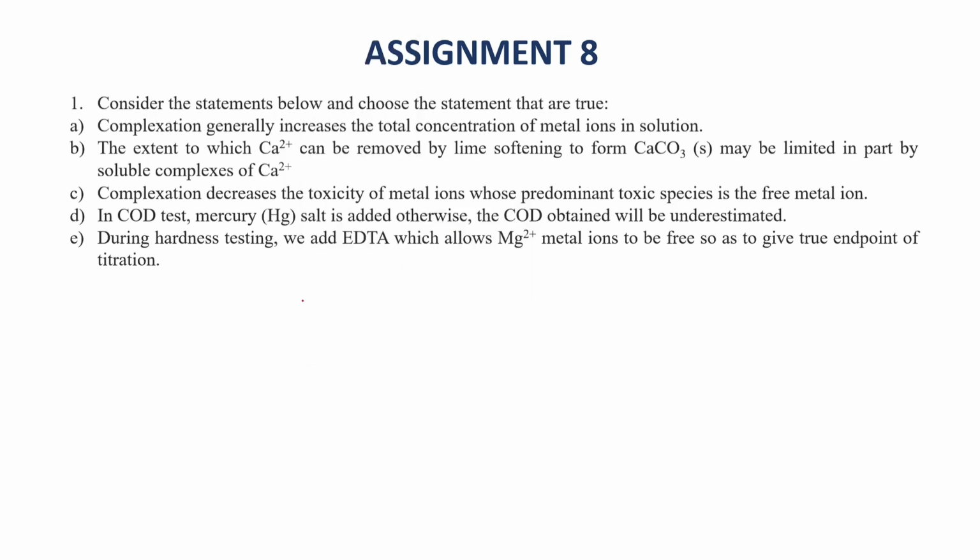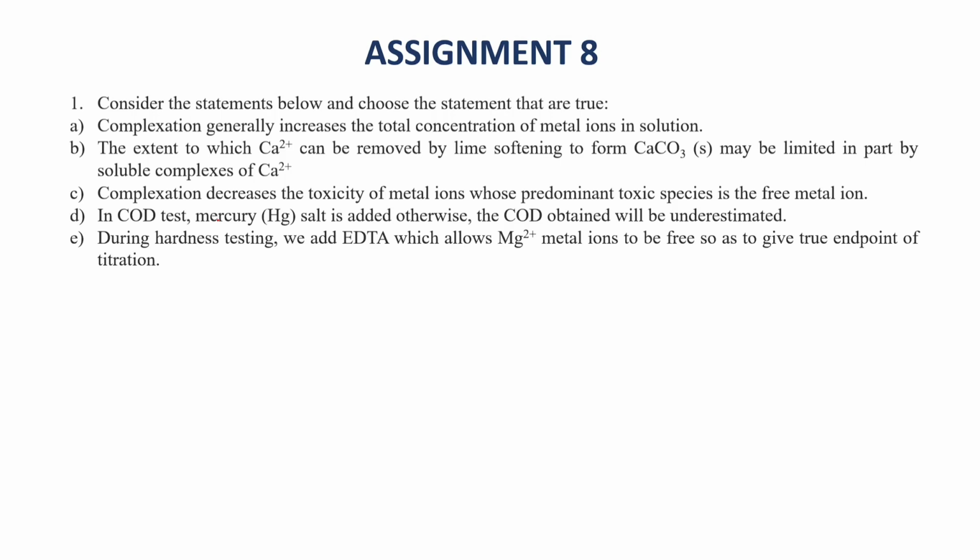So the first option is complexation generally increases the total concentration of metal ions in the solution. This statement is true because, as we know, the complexes are soluble in nature.